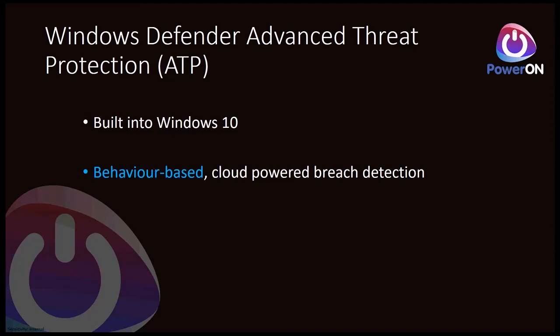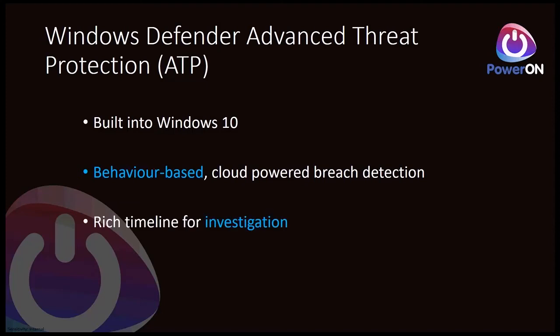For onboarding Windows Defender Advanced Threat Protection, you can use group policy, SCCM, Intune, all the traditional deployment tools. The agent is already built into Windows 10, but all you have to do is turn it on and tell the client where to send the data.